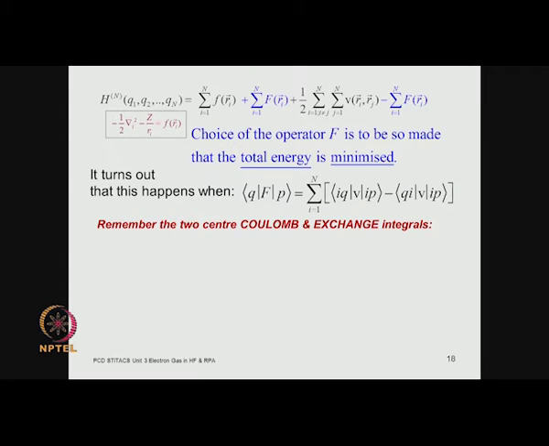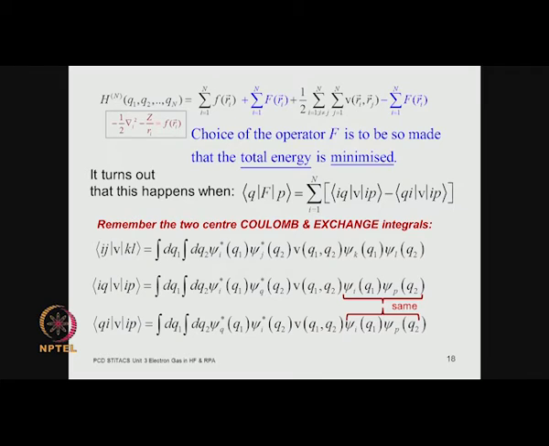So, these are the Coulomb and the exchange integrals, and I am writing them out explicitly over here for our reference. So, keep track of the same, that you have got these two integrals I q v I p and q I v I p. So, I p side is the same, but the difference is over here. So, these are the Coulomb and exchange integrals.